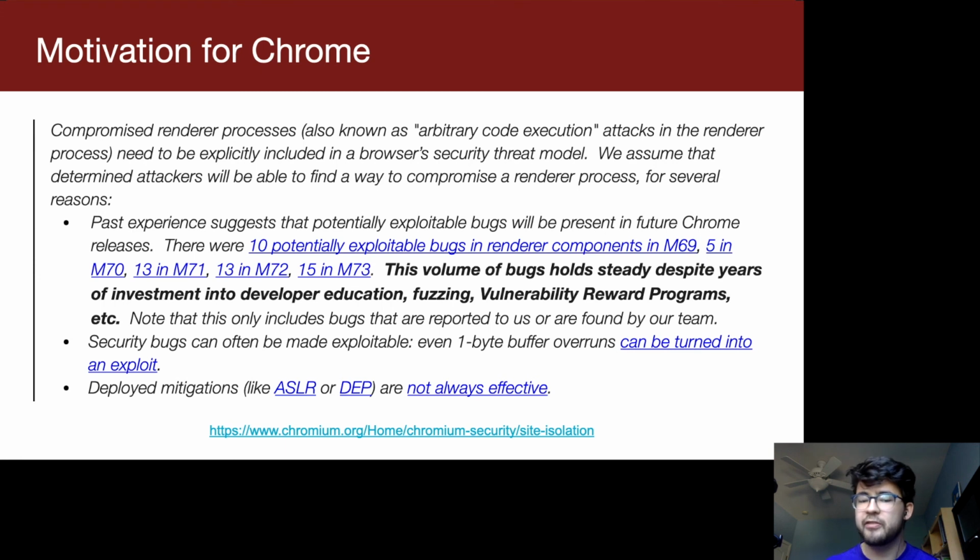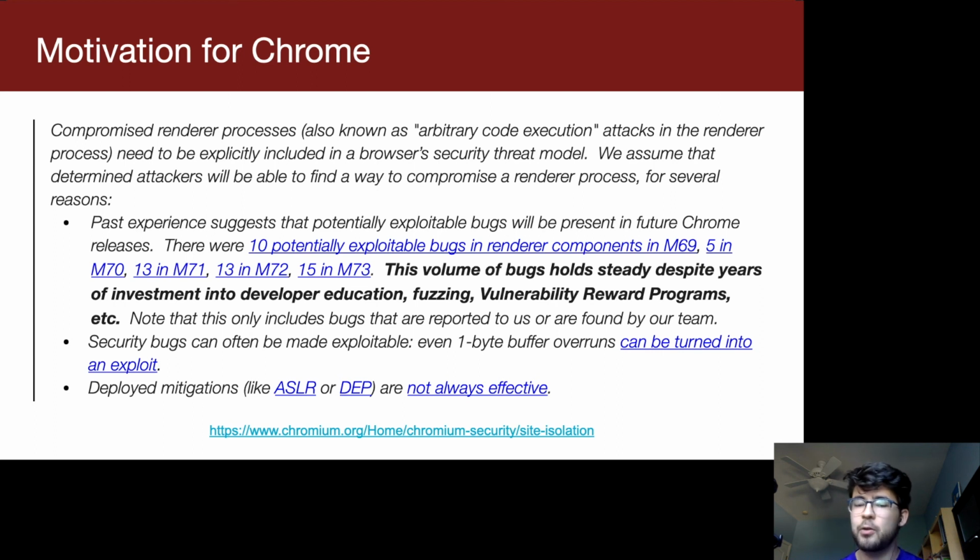We spent years of investment in trying to teach people how to write better code. Fuzzing is an approach where you just throw malformed data repeatedly at an application until you find things that make it crash. Vulnerability reward programs are bug bounty programs. We pay people to try to hack our browser and to try to find problems with it.